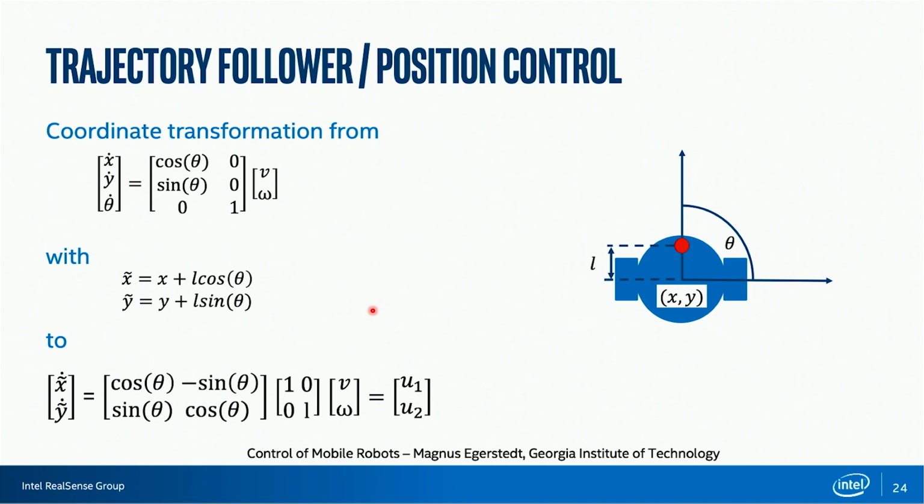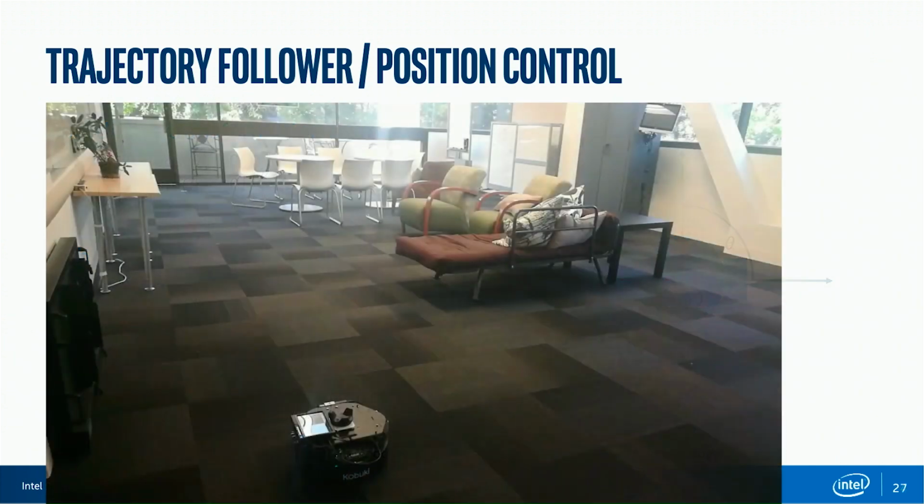And by applying this transformation to the output, as well as choosing new inputs, U1 and U2, this robot can be basically controlled as a point mass. And you can see it here in the video that was implemented on the robot.